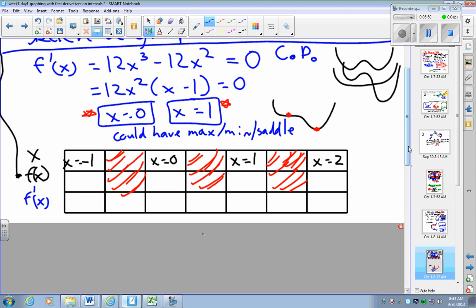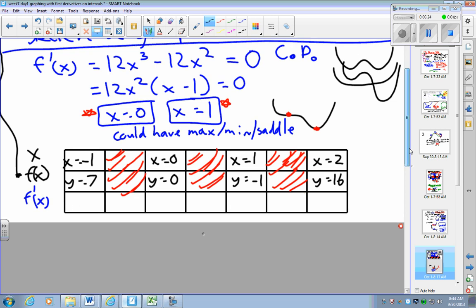So if I plug in -1, I get y equals 7. If you plug in 0, that's easy. You get 0. If you plug in 1, again, to the main function, you get -1. And if you plug in 2 to the main function, you get y equals 16. Okay?